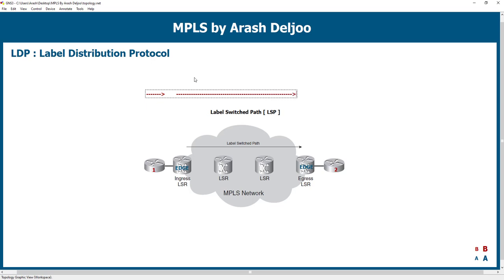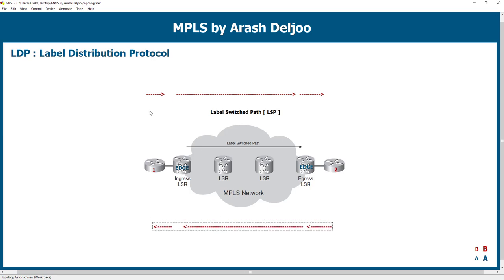When it reaches the egress router of this LSP, it goes out and reaches R2. Then the response packet from R2 to R1 first enters the edge LSR, then tunnels to the other edge LSR, goes out of the tunnel, and is sent to router 1.